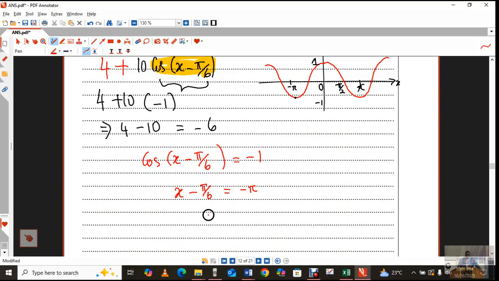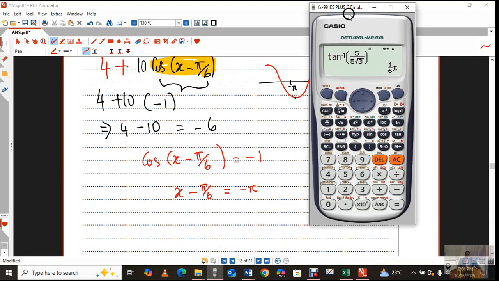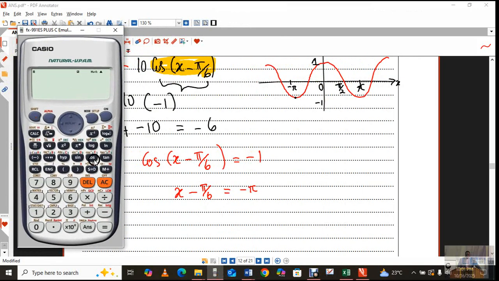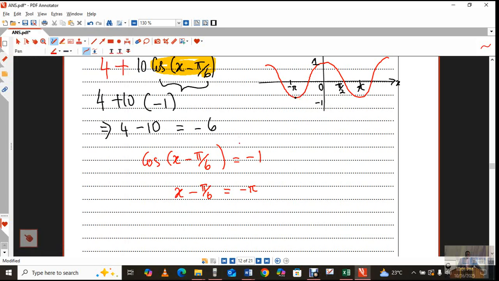Of course, if you were to use your calculator, you say the inverse cosine of negative 1, it takes it as pi, but you know that we are now looking at where negative 1 is going to take place. At negative pi. And that makes sense to you. That is essentially what we're looking for.